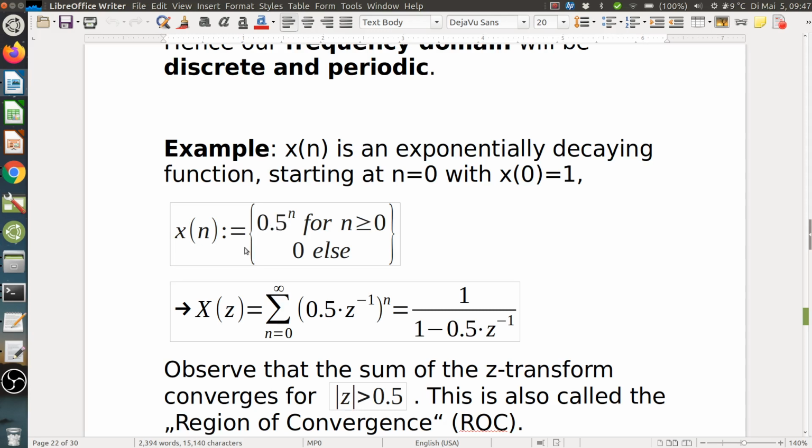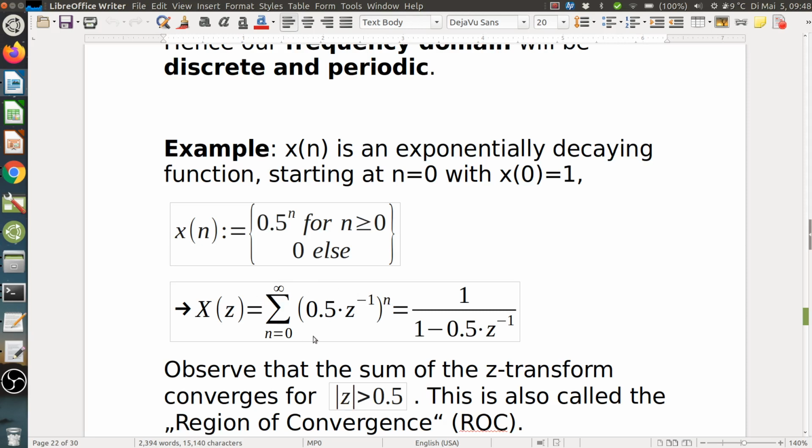It's infinitely long, so it's only existing in theory, but we can still apply the Z transform to it, which I did here in the next line. So this is our x of n, right? And we also have the z to the minus 1. So I also plug the z to the minus 1 now inside those brackets because both have this exponent n.